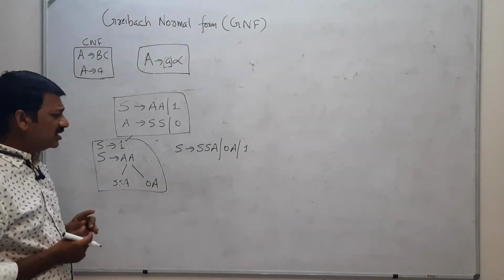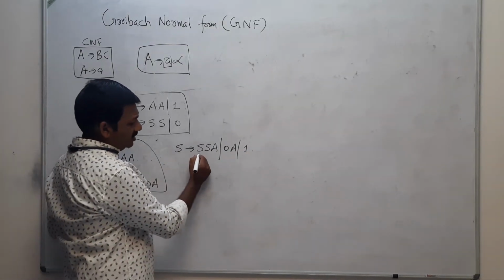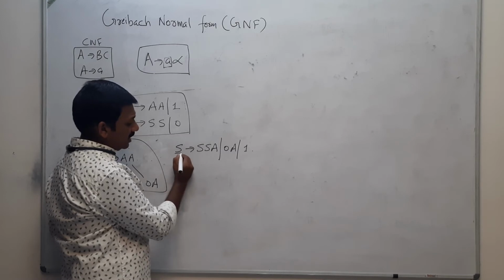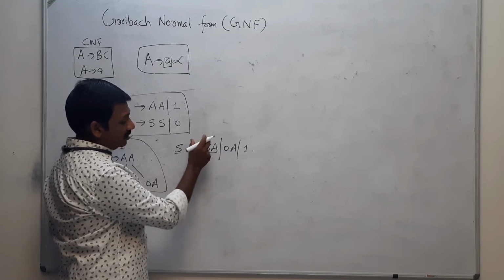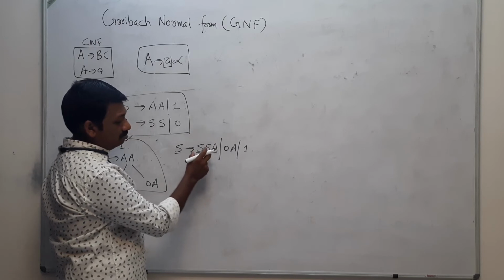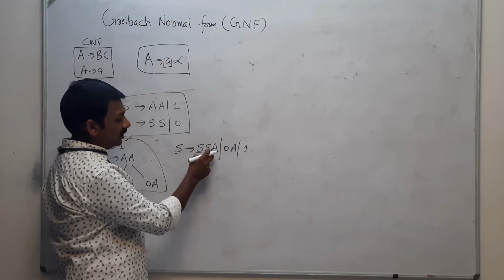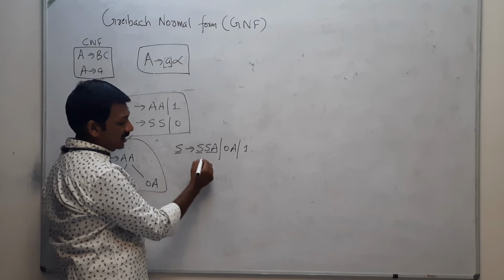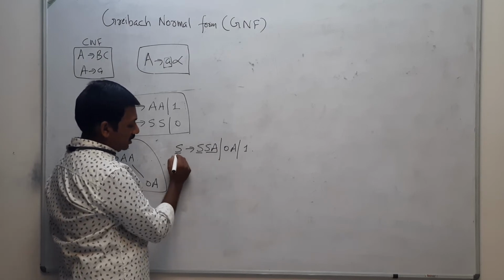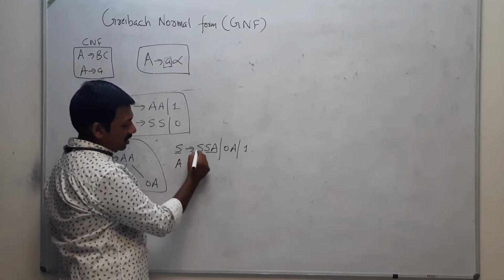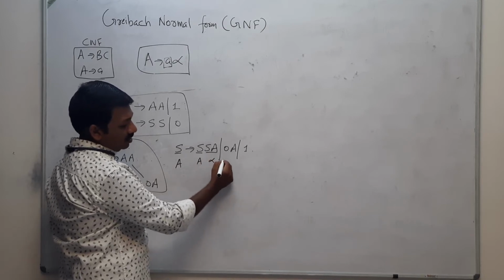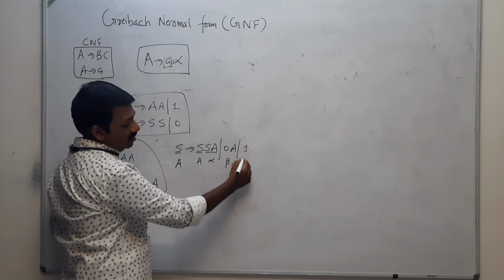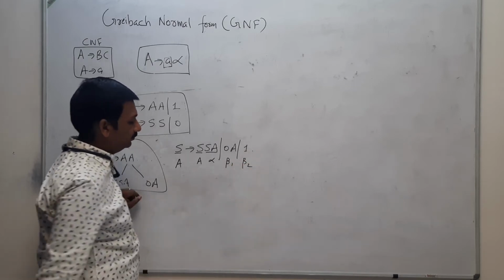Okay. See, here this production S derives SSA is having left recursion. This S stands for A, and SA is alpha, and 0A is beta 1 and 1 is beta 2.